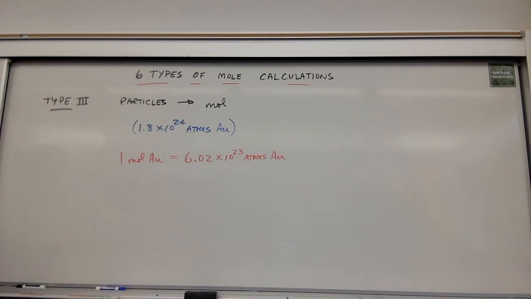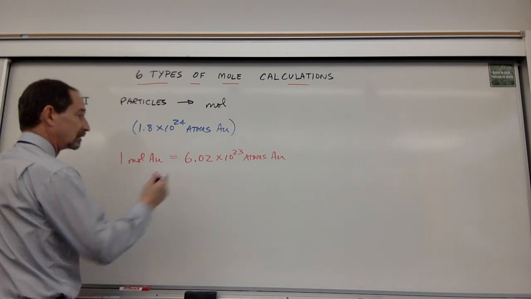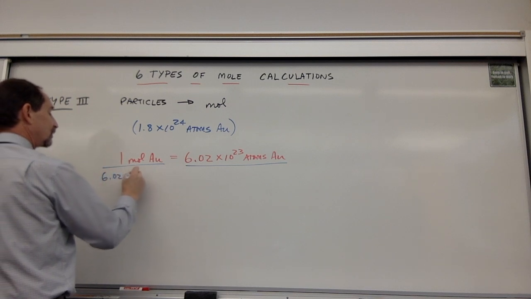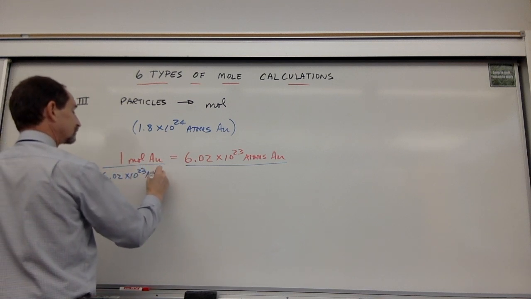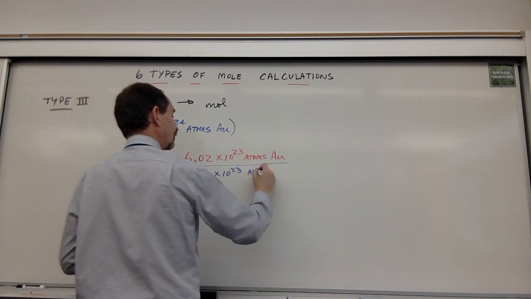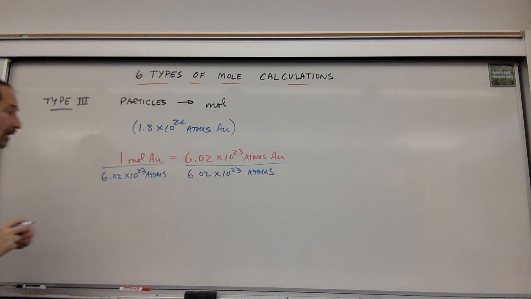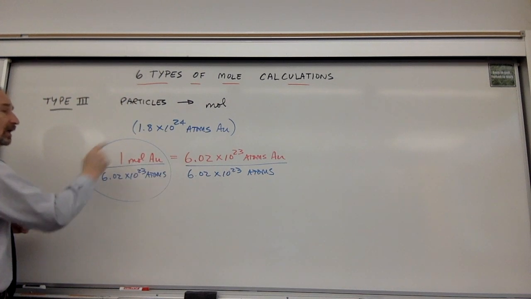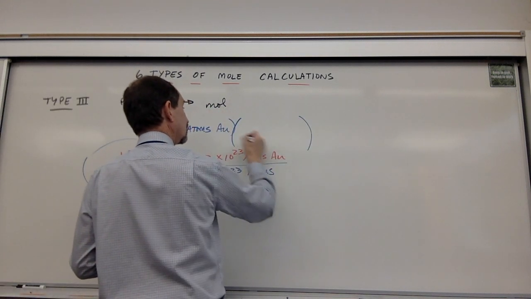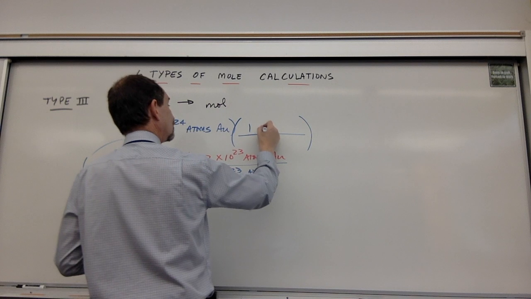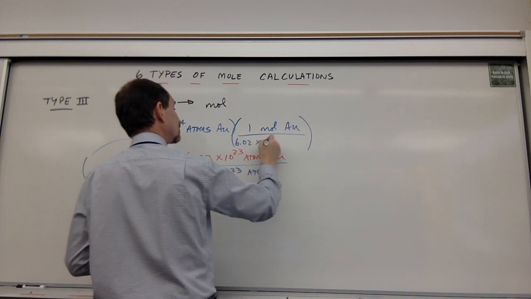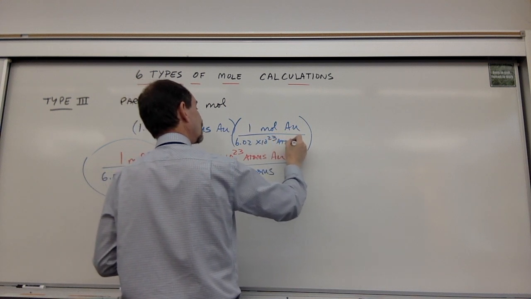I already have atoms of gold, so I wish to get rid of that unit. So I'm going to divide both sides of my equation by Avogadro's number. This gives me a unitary rate that I can now use to calculate. For every 1 mole of gold, I need 6.02 times 10 to the 23rd atoms of gold.